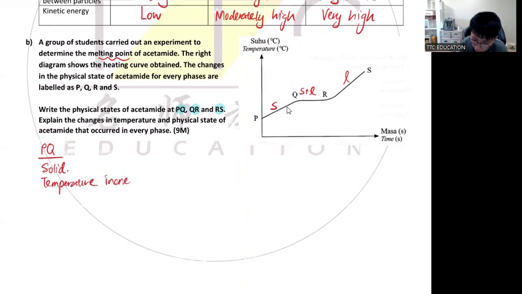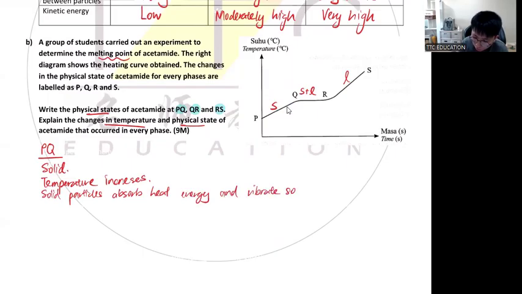This is they say change in temperature, right? So they want you to write 3 things: physical state, explain temperature, explain physical state. So this time we say temperature increases. Then we say solid particles absorb heat energy and vibrate faster.